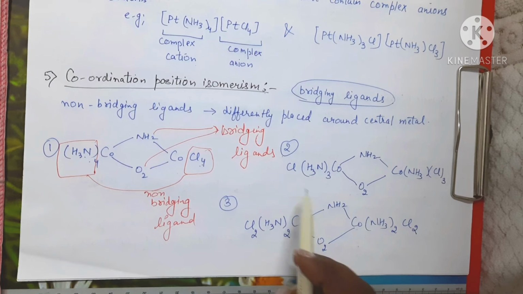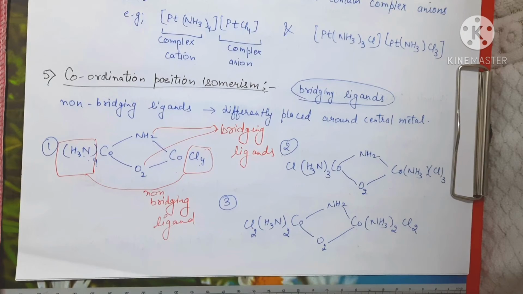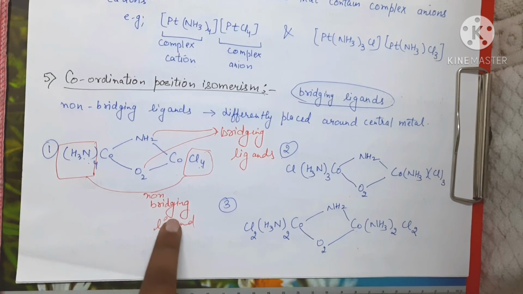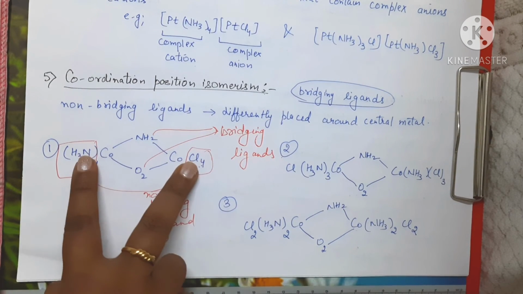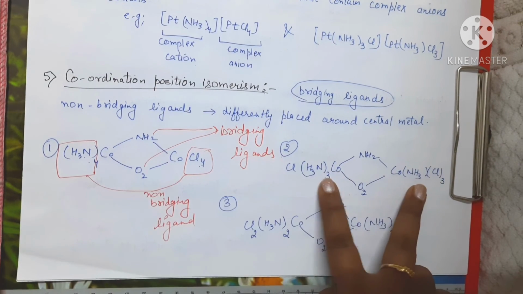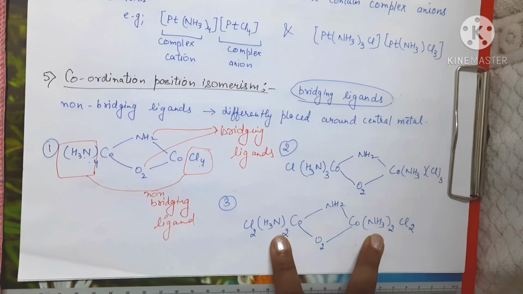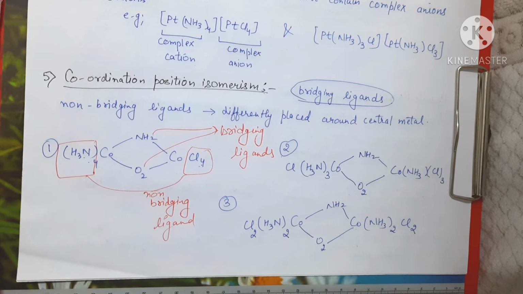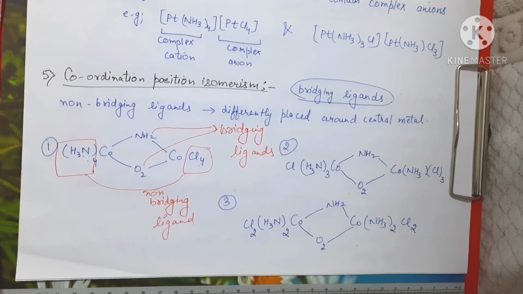So this is the third type which could be present. So in coordination position isomerism, the non-bridging ligands will be oriented differently around the central metal.